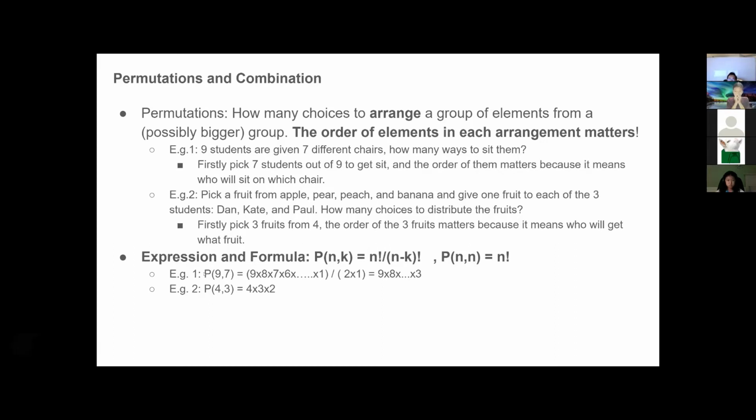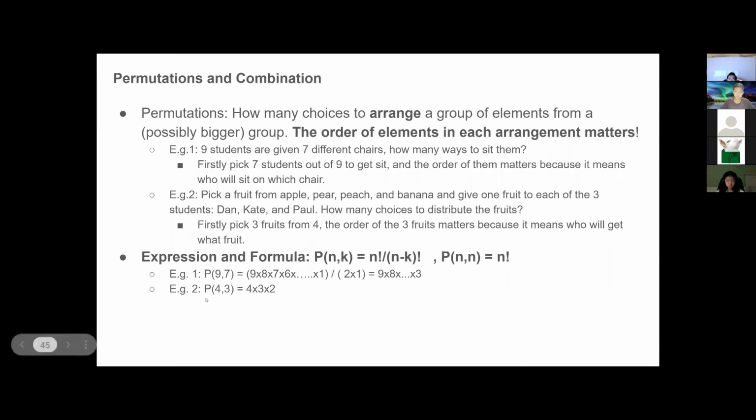In the first example, we can do P(9,7), right? We pick 7 chairs and then we arrange them. So this will give us 9 times 8 times 7 times 6 until 1, divided by 2. So it's basically 9 times 8 until 3, okay?